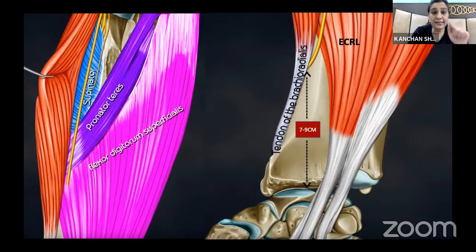At this position, the brachioradialis and the extensor carpi radialis lie like this, and from in between them this nerve comes out. So supposedly, if a patient is continuously involved in pronation activity, what will happen? I think I can show you.